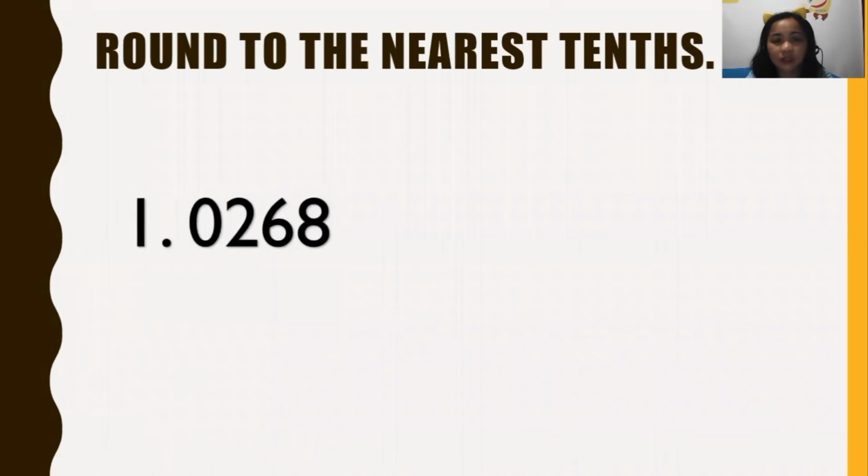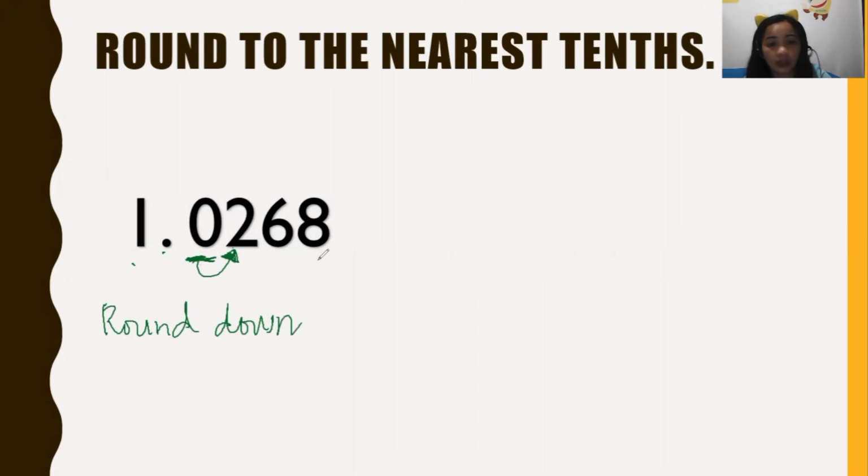Round to the nearest tenths again. So here, the tenths here is 0. So we have 1 and 268 10,000ths here. Now, 0 ang ira-round, ang katabi pa rin ay 2. Is it round up or round down? It is round down.